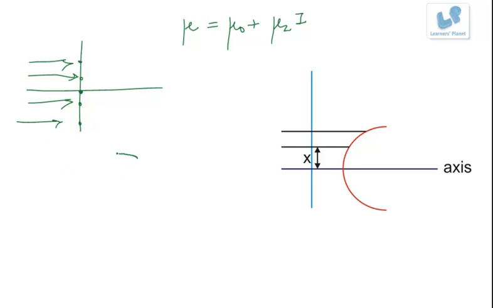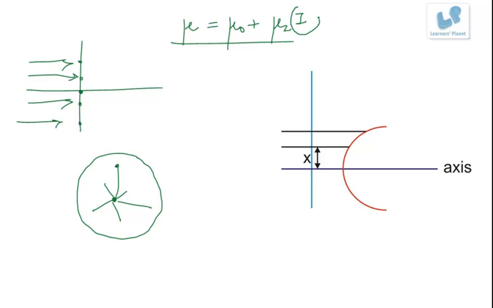The refractive index at the center will be maximum because the intensity at the center is maximum. As you move away from the center, more the radius, lesser will be the intensity. And since the intensity is lesser at higher radius, I has come down, mu will also come down.